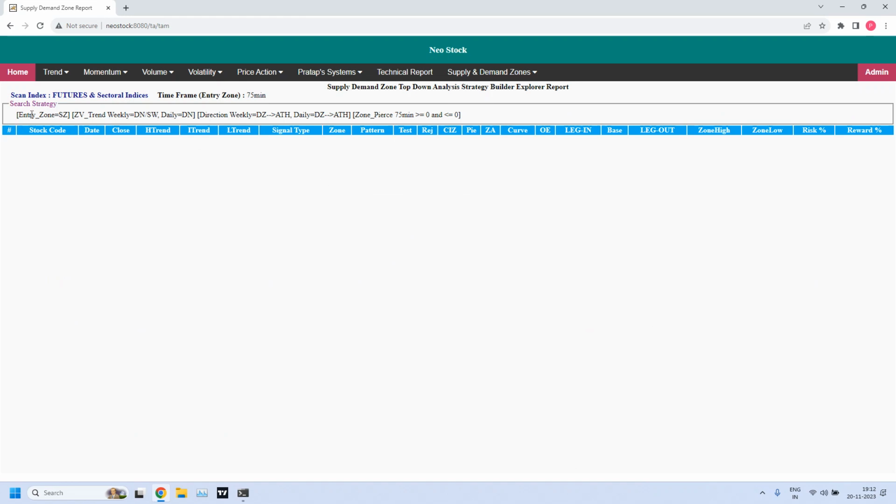Let us check the strikes. Is it correct? ZV zone violation, trend for weekly is either down or sideways, perfect. And daily should be down, perfect. The direction weekly is demand zone to all-time high, okay. And the daily demand zone to all-time high.